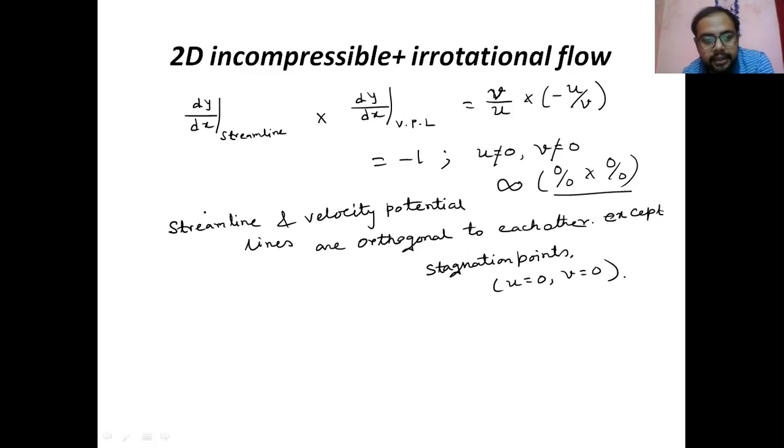Both exist for two-dimensional cases, because of streamline and velocity potential.